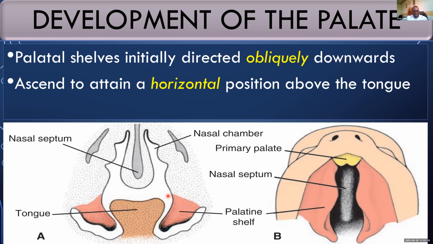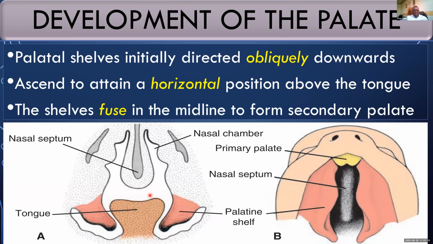But when they become horizontal, they'll go above the tongue. Once they've gone above the tongue, they fuse with one another. So the right and the left palatal shelves from maxillary swellings fuse in the middle. And the fused right and left palatal shelves is what will become the secondary palate.